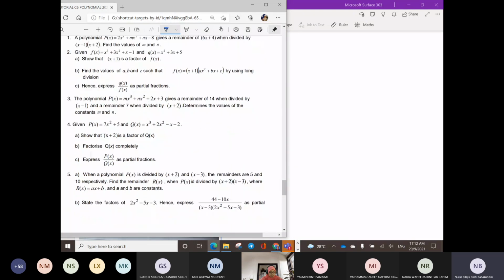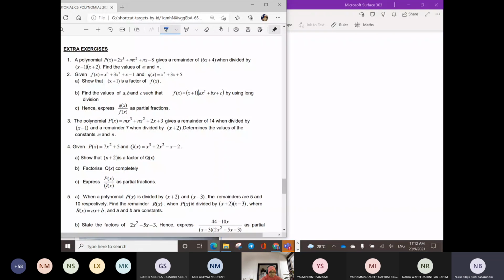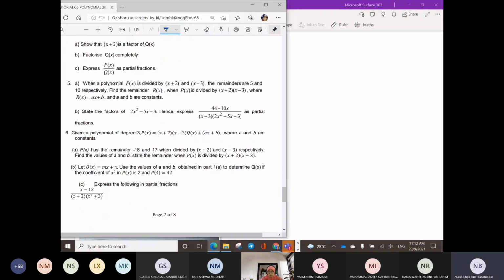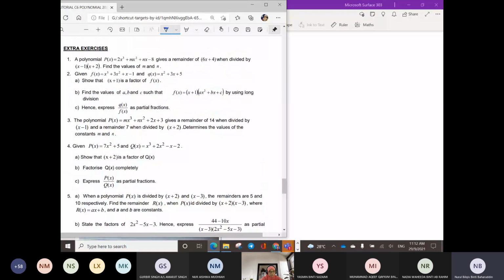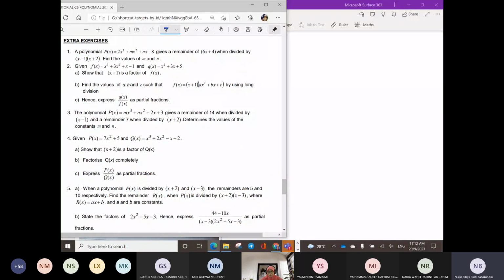Okay, so extra exercise. Any problem regarding the extra exercise? I'm sure some of you already did the extra exercise. For me, I think the extra exercise is just repeating the same as tutor 1 until tutor 9. The steps, the techniques, how to solve, how to do, are the same.